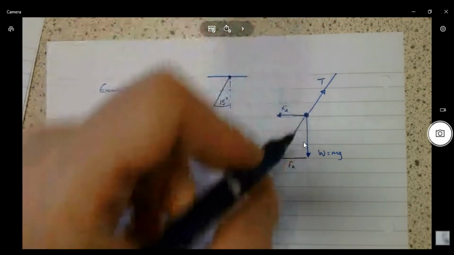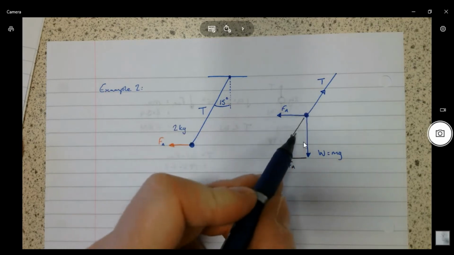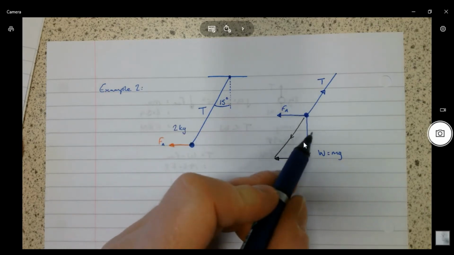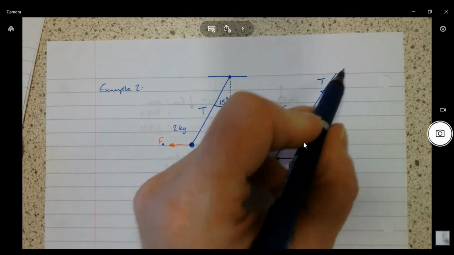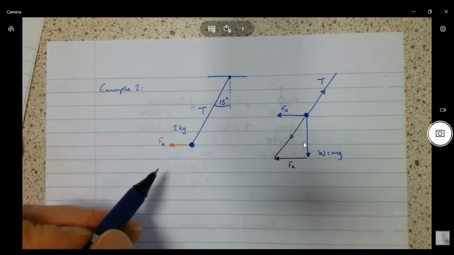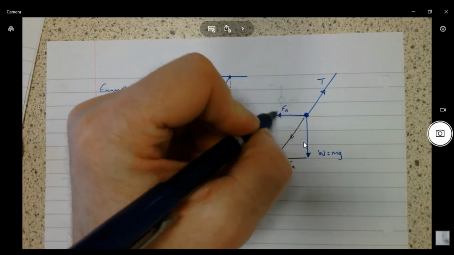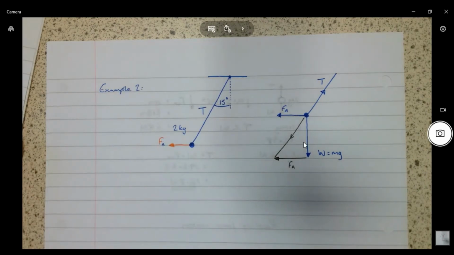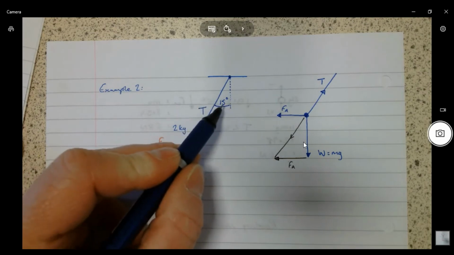That resultant must equal tension. So tension and the resultant are going to equal each other. And so that and that, they're the applied forces. You're getting a resultant tension in the string because you're holding it out like this. So we can calculate tension. We can calculate the force required to pull a 2 kilogram mass to an angle of 15 degrees.